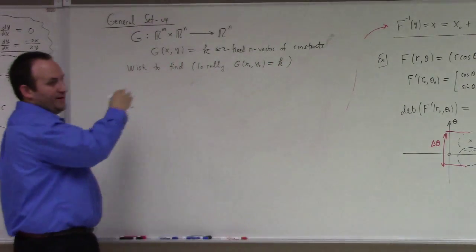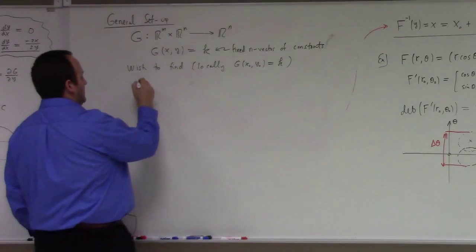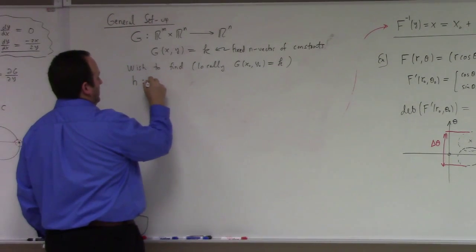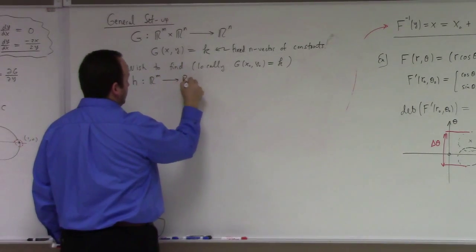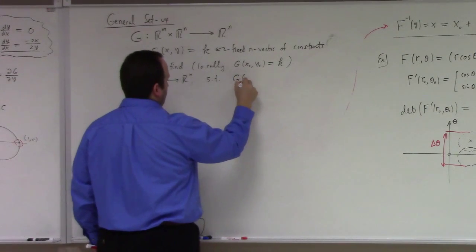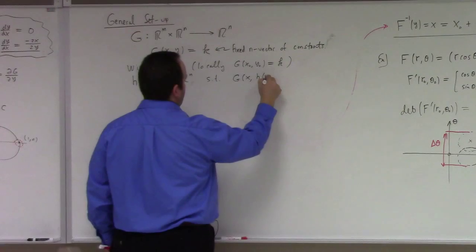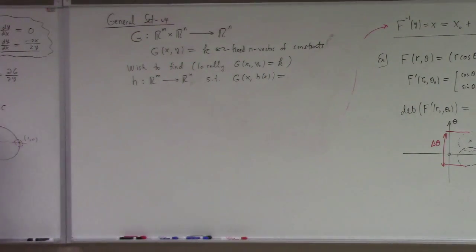You've got some point which is a solution to this system, and you want to find h, which is going to be a function from Rm to Rn, or perhaps a subset of Rm, such that g of x comma h of x is equal to k again.